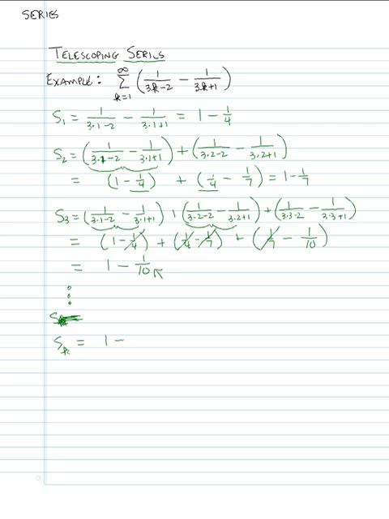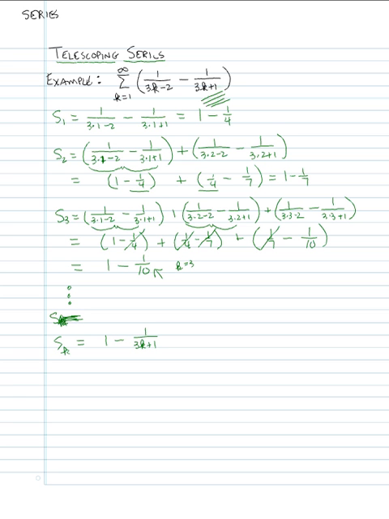This was when k was 3, wasn't it? When we go to k, our very last term is going to be subtract what we see here. So it's going to be minus 1 over 3k plus 1. So that's what the kth partial sum looks like. Earlier I called it the nth partial sum, but I'm using k in this case.